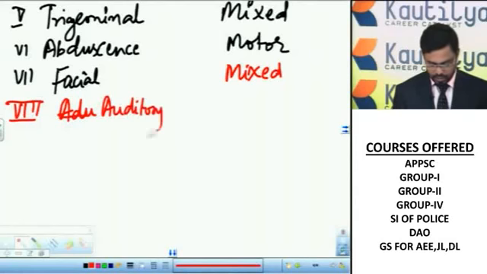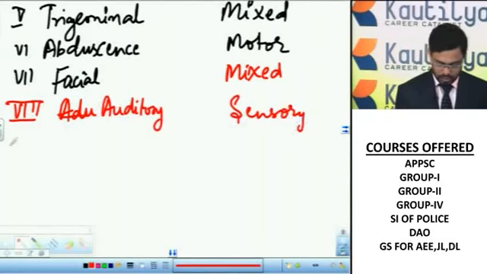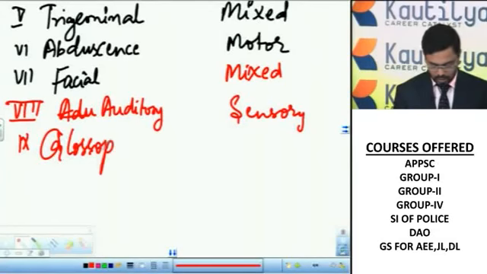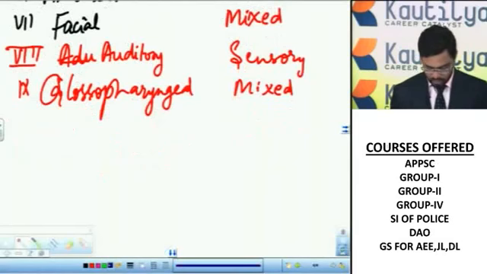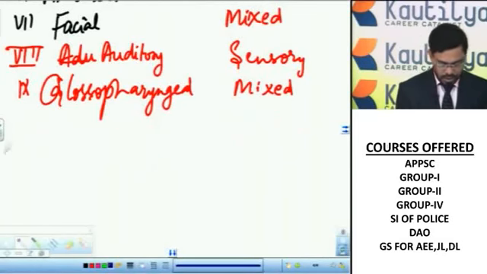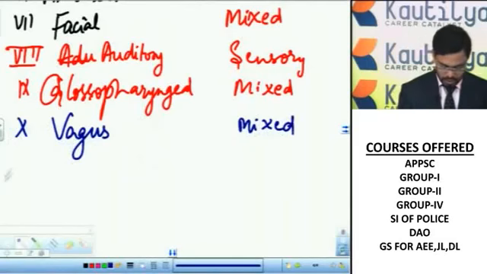Auditory nerve is sensory. Glossopharyngeal is a mixed nerve. Vagus nerve is a mixed nerve.